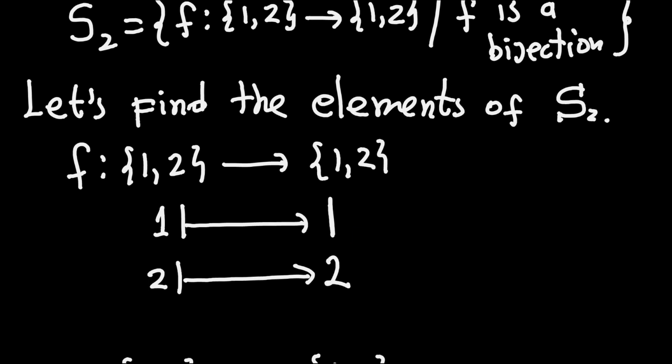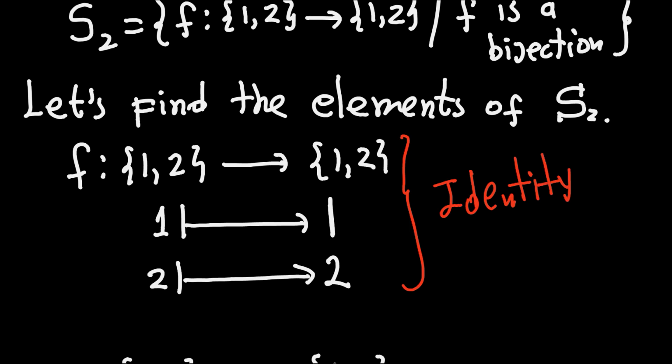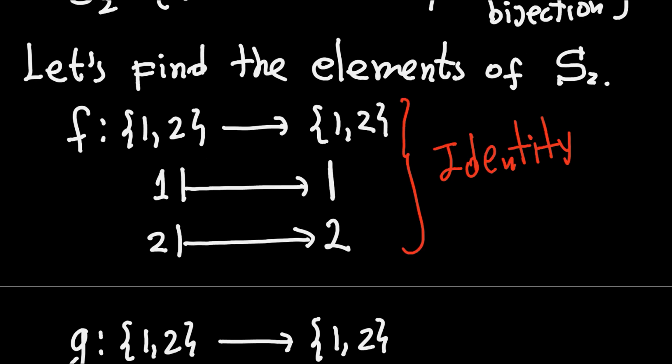That will be one possibility: 1 goes to 1, 2 goes to 2. In other words, this is the identity function. Why is this the identity? Because the function doesn't change the values of the input. You give it input 1, it gives you the same output. Input 2 gives you the same output.